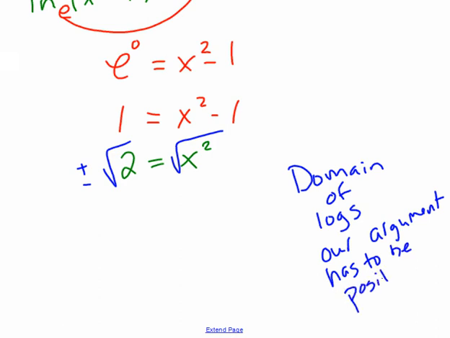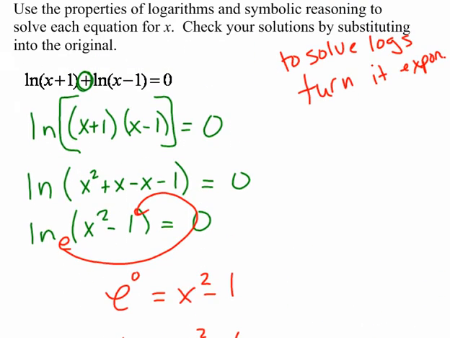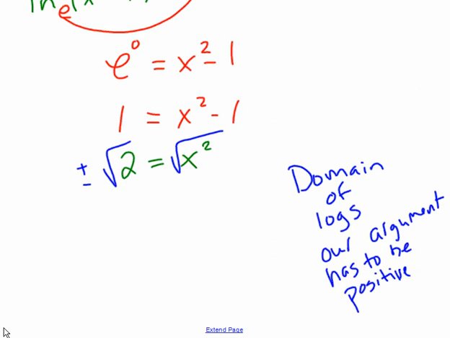Okay, so if that's the case, will both the square root of 2 and negative square root of 2 work? And you can see if I put negative square root of 2 minus 1 in here, that gives me a negative number, right? And you can't have ln of a negative number, and so therefore the negative does not work, and we are left with just the square root of 2.